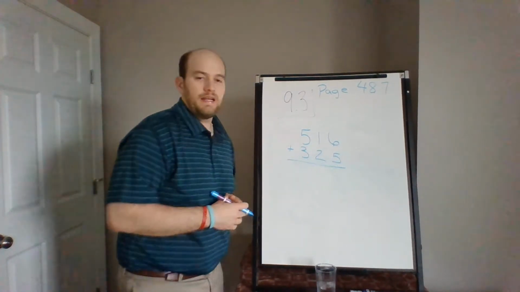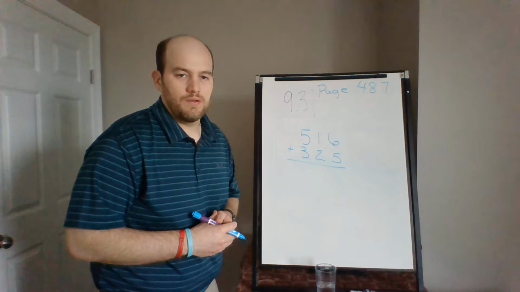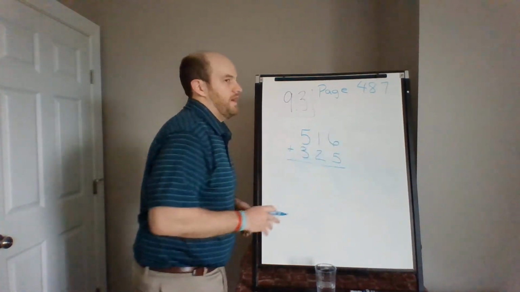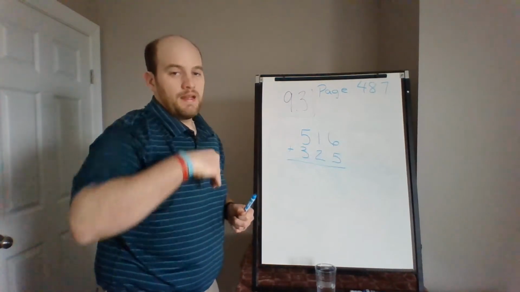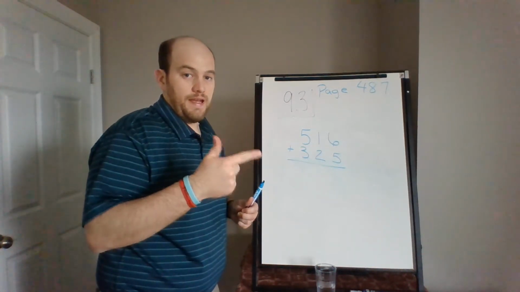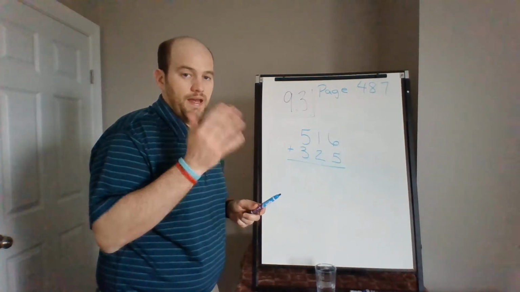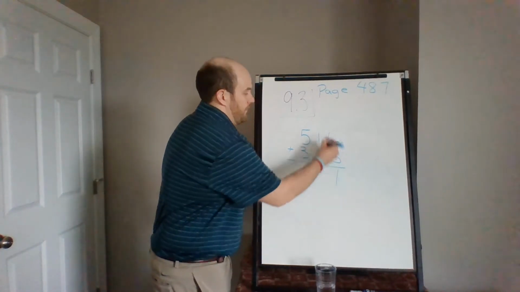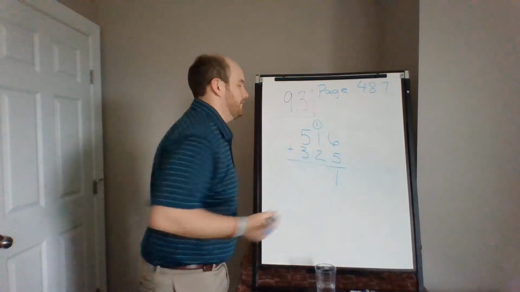All right, we're going to line it up and we're just going to add it the way that we know how to do this. Start at our ones, work to our hundreds. 6 plus 5, put 6 in your head and add the smaller number, 5. So 6, 7, 8, 9, 10, 11. Well, I can't write down 11, so I got to put 1 and carry my 1 to the next place.